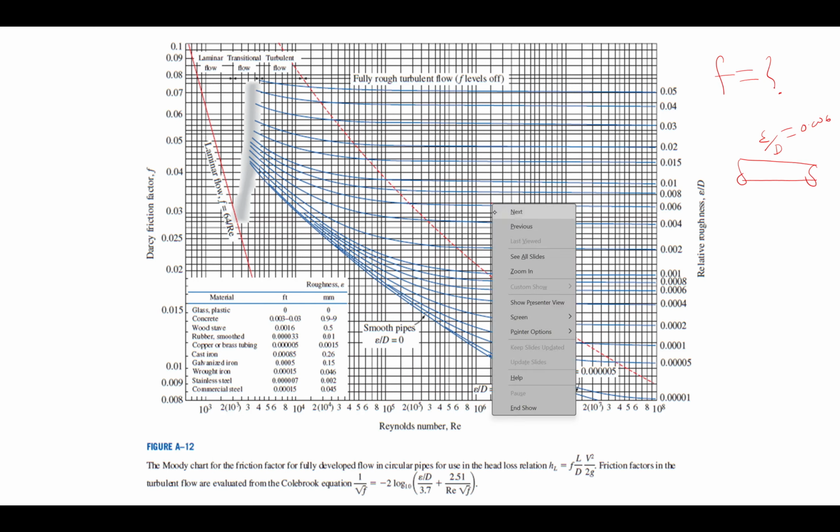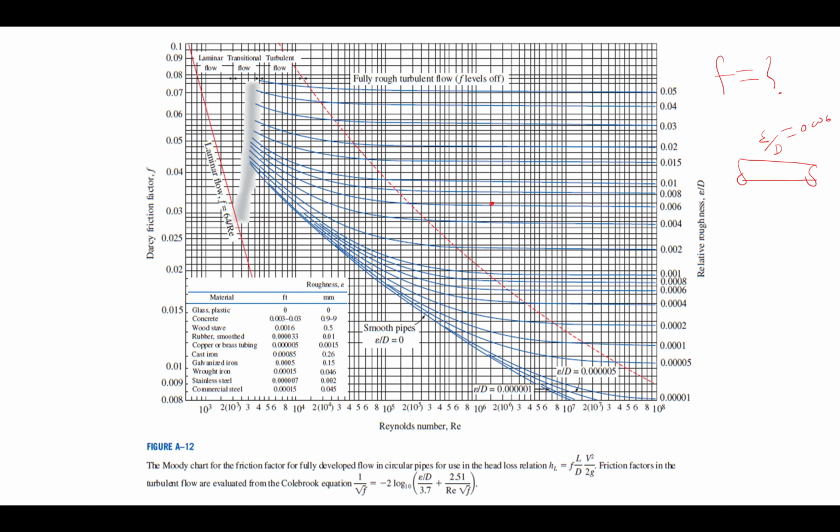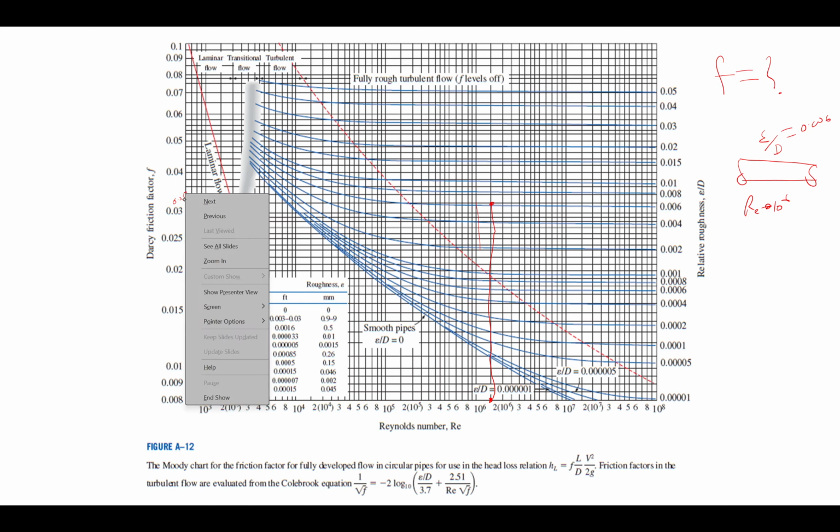If you see this line and assume your Reynolds number is something like that, or 10 to the power 6, so your roughness value, your friction factor, will be 0.something, 0.033, you can say.